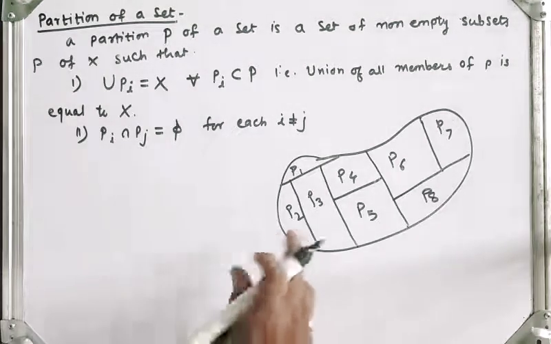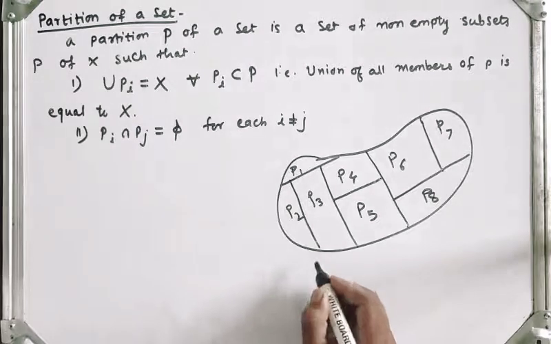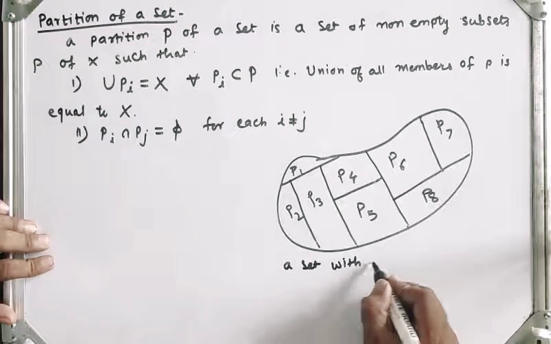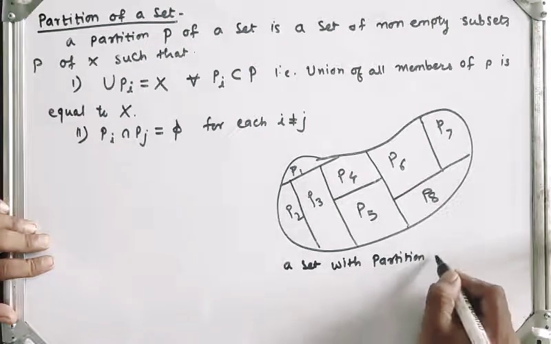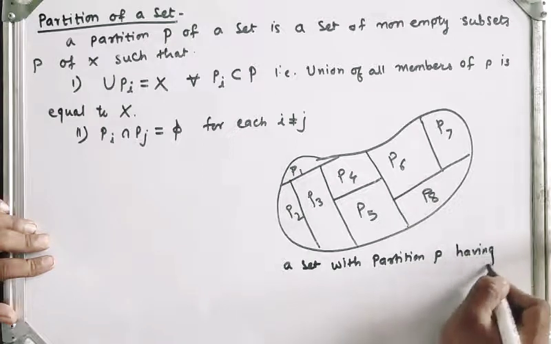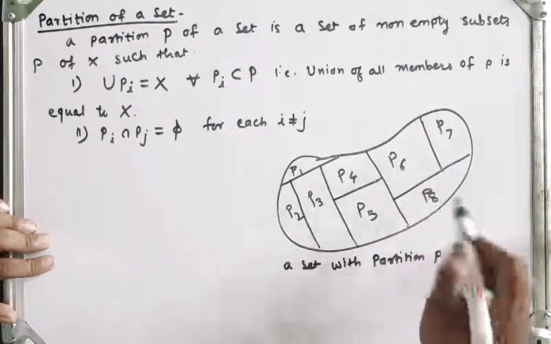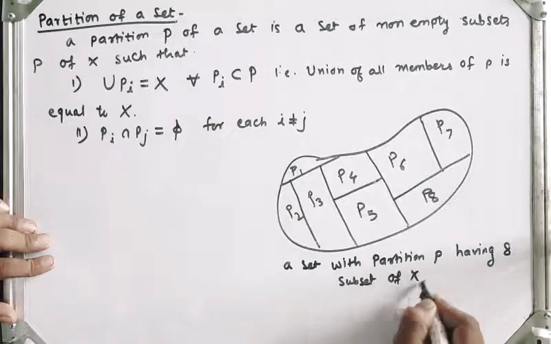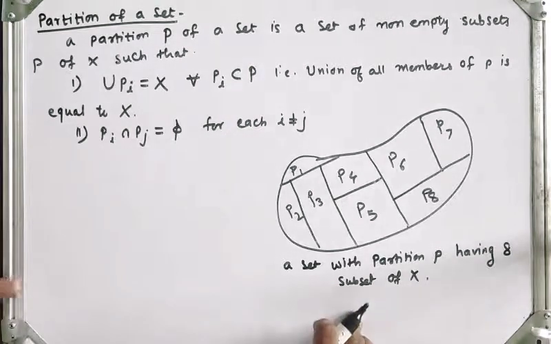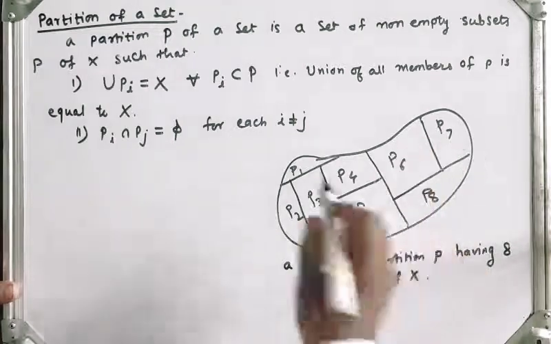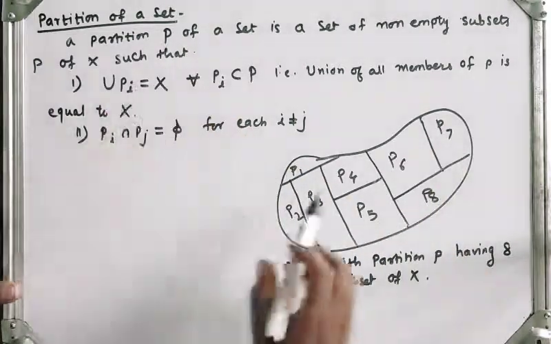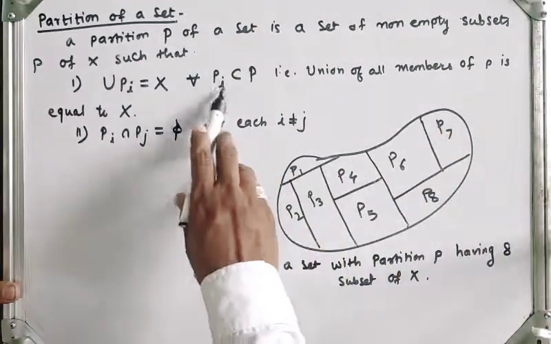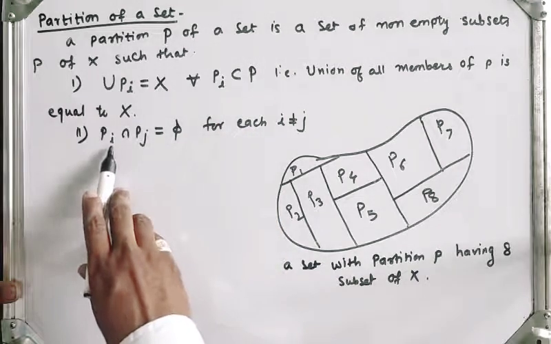So this diagram shows a set with partition P having how many subsets? There are P1, P2, P3 up to P8, having 8 subsets of X. So when we say that the set has a partition, it satisfies the union of P_i. If I take the union of all the sets, then I get the whole set X, where P_i is a subset of P, and every intersection of every two sets.